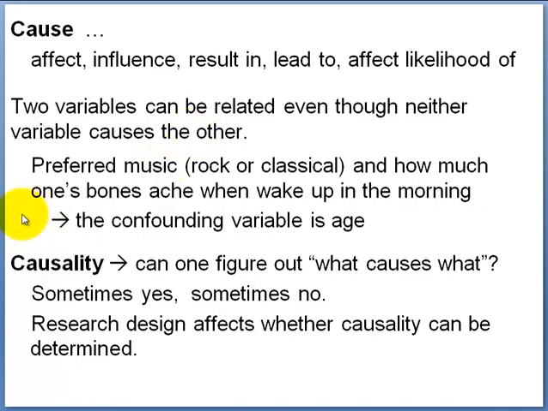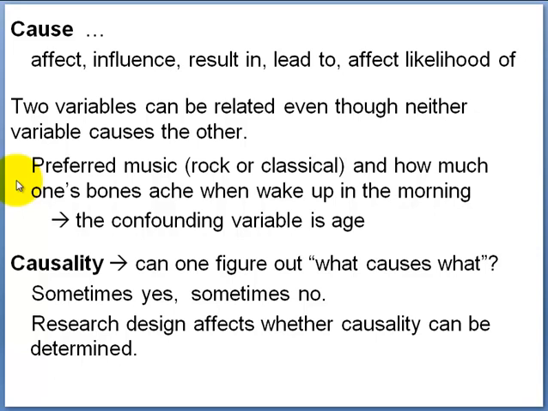Well, we introduced confounding variables in Chapter 1. A confounding variable is the variable that brings about a relationship between two others. So this relationship between type of music liked and bones aching is not causal. The relationship that we'd see here is that people who listened to classical music would tend to have greater aches and pains in waking up in the morning.